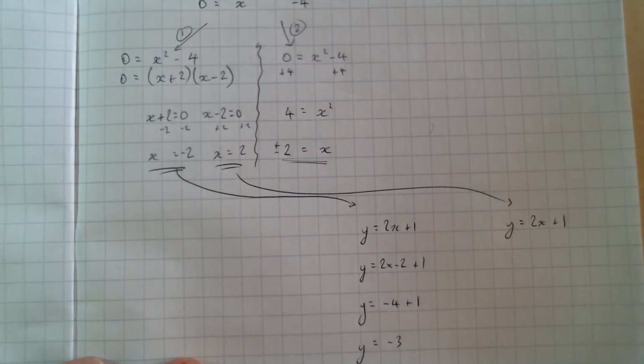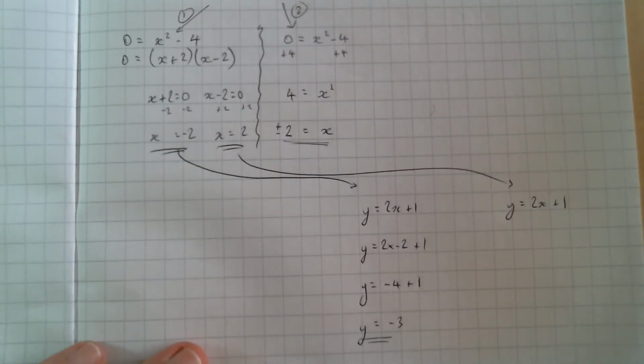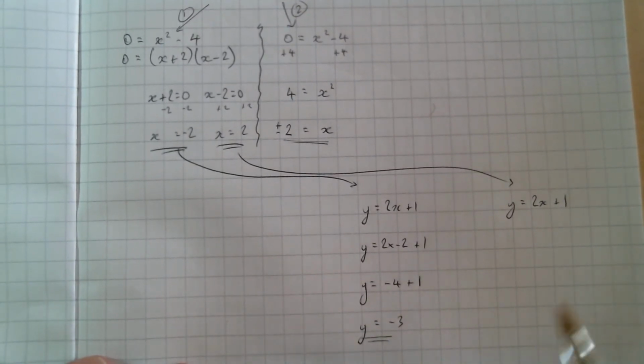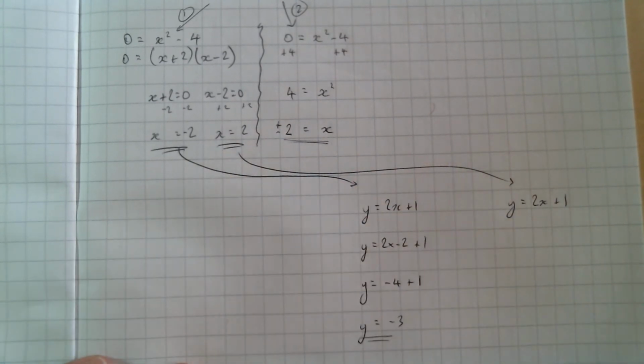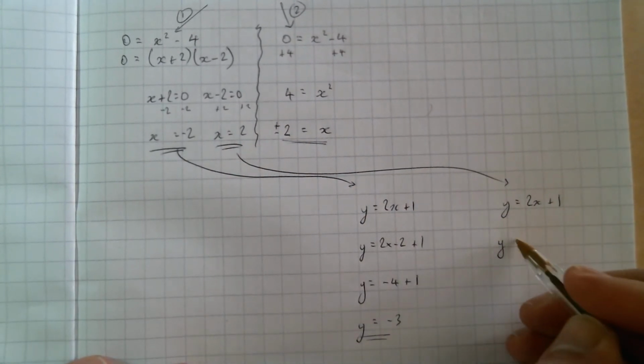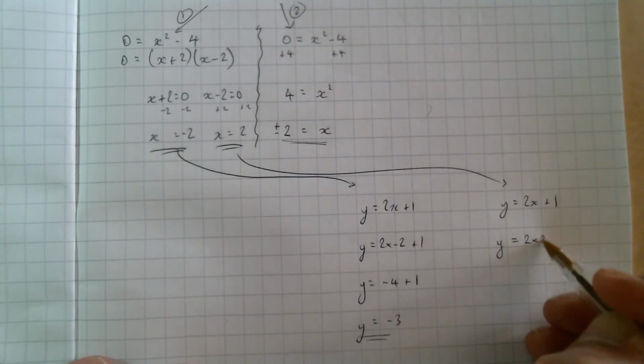In which case we discover that y equals negative 3. Over here, we have to work with the positive version of 2. y equals 2 times 2 plus 1.